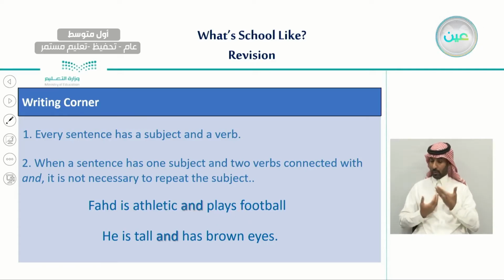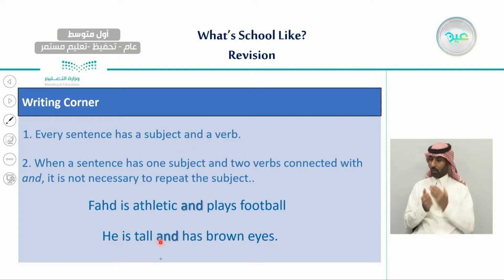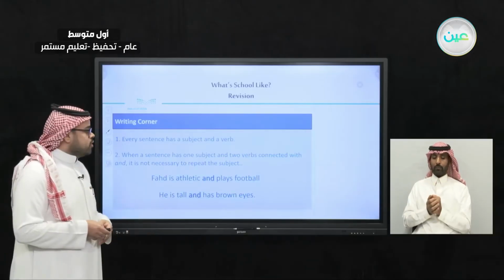We don't have to say Fahad is athletic and Fahad plays football. In this one, we can only use the connector, which is and, and use the verb immediately. The other example we have is, he is tall and has brown eyes. So we don't have to mention the subject twice when we have 2 verbs in a sentence.